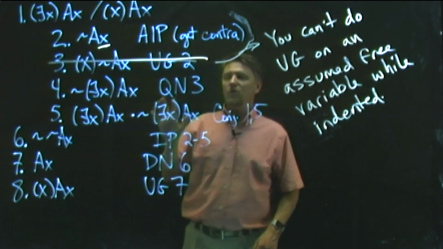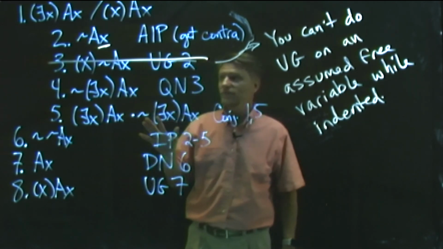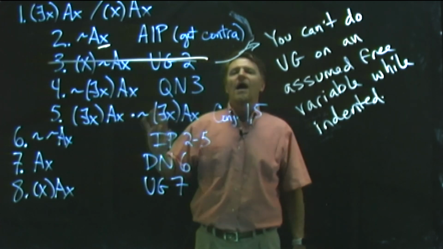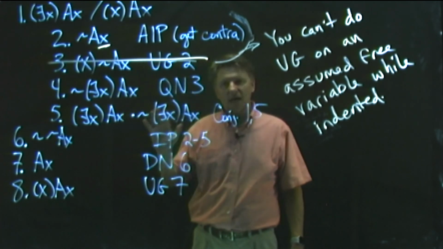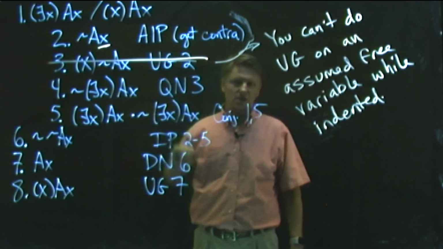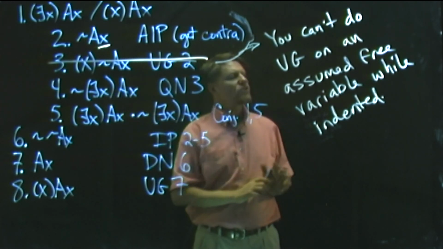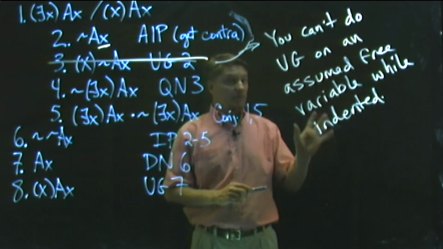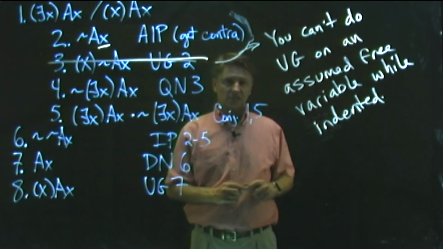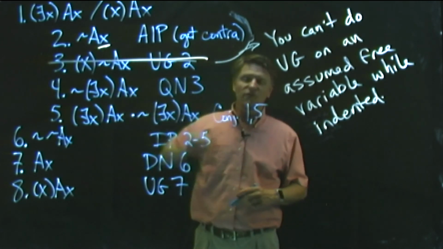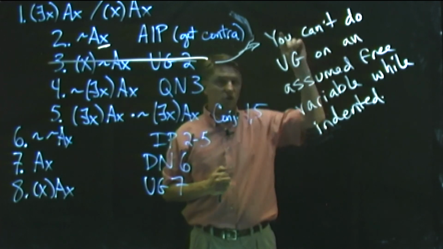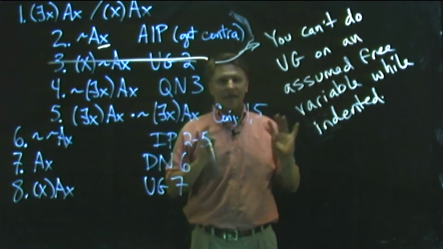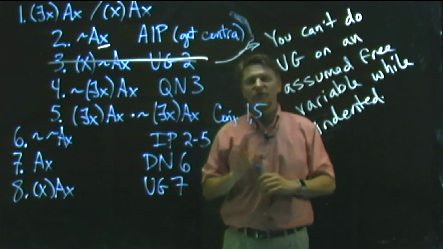Secondly, even on the conditional and indirect proofs where you will assume a free variable, I can tell you that you will not be tempted to do UG on that free variable. So my point is, don't lose any sleep over this. Be aware of it, but don't lose any sleep over it. If you find yourself assuming a free variable, you can leave yourself a little note. Don't do UG while indented, and it'll take care of itself. You'll be fine. All right?